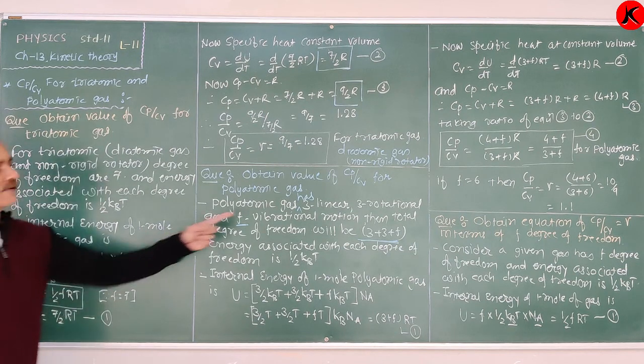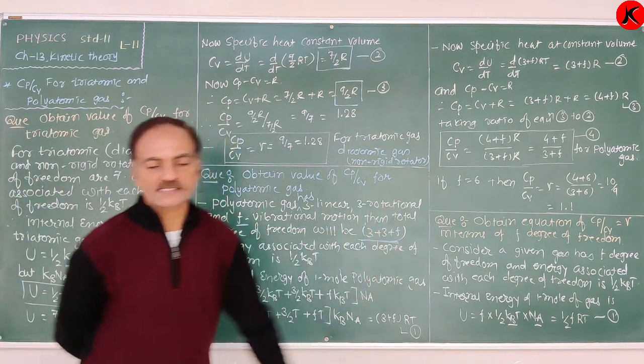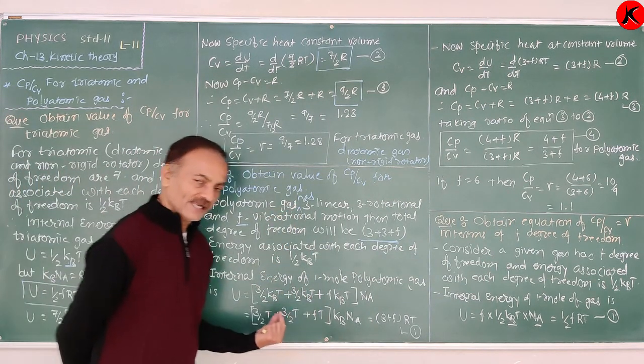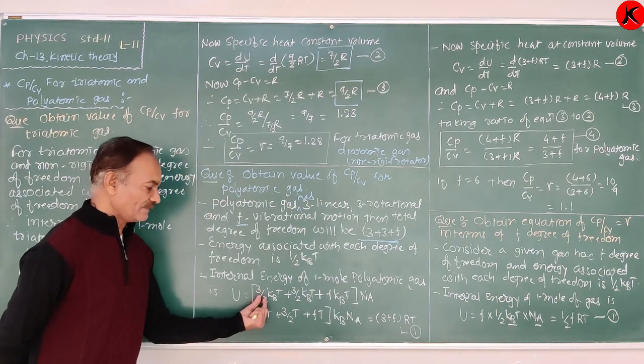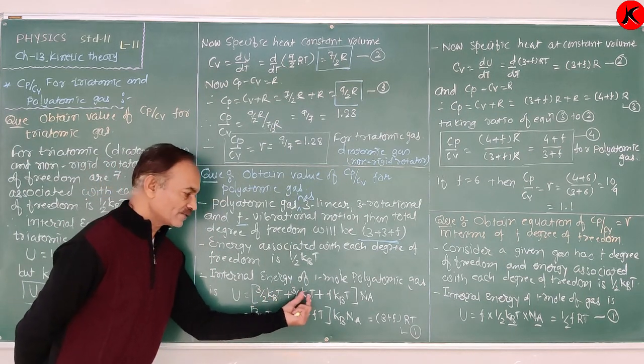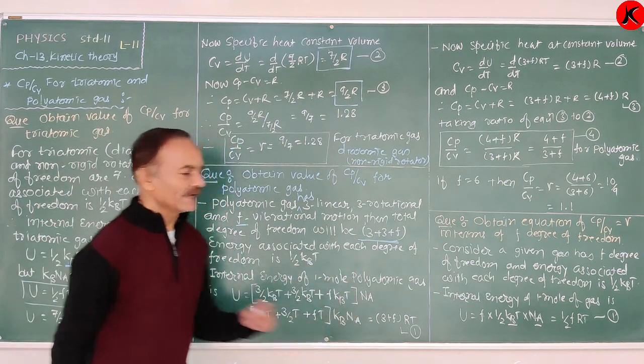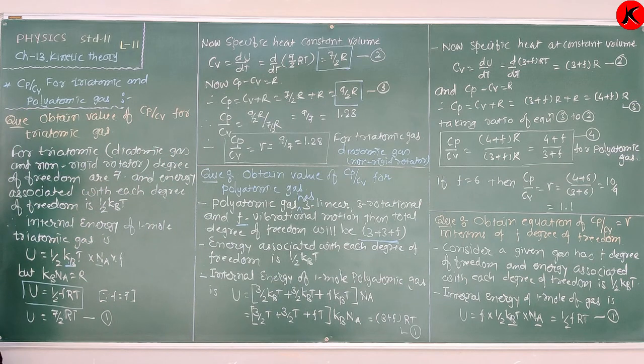Here, instead of f, the degrees of freedom are 3 plus 3 plus f. Therefore, internal energy U is equal to 3 by 2 kBT plus 3 by 2 kBT plus f times kBT, into NA.